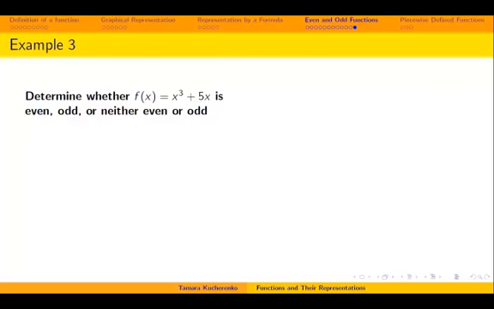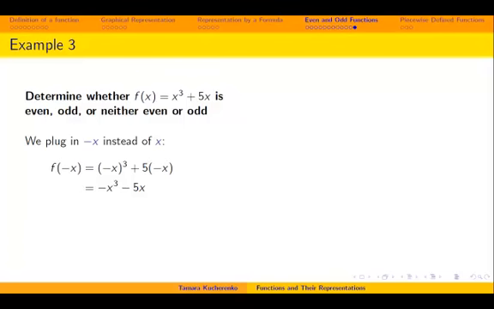We can modify this function slightly and consider x cubed plus 5x. We plug in negative x instead of x and obtain f of negative x equals negative x cubed plus 5 times negative x. This simplifies into negative x cubed minus 5x.